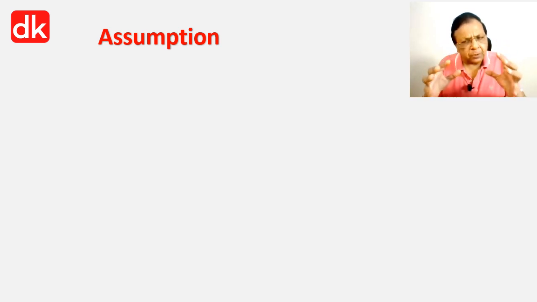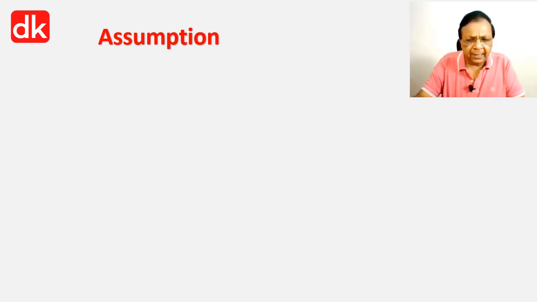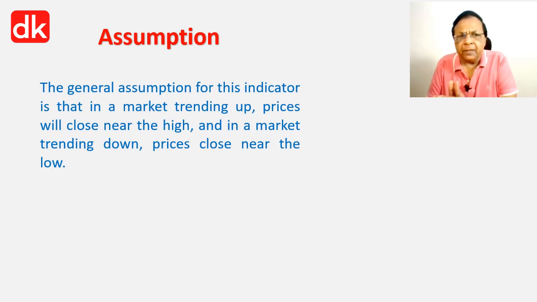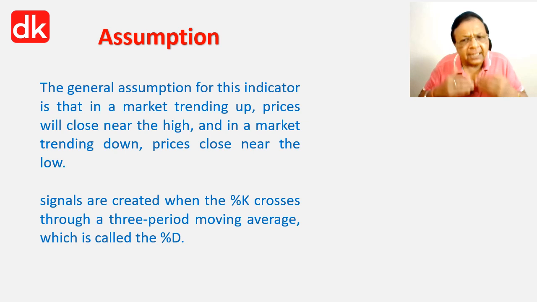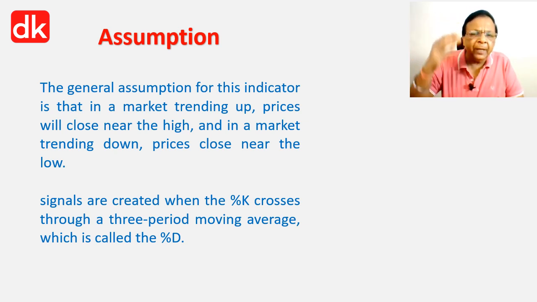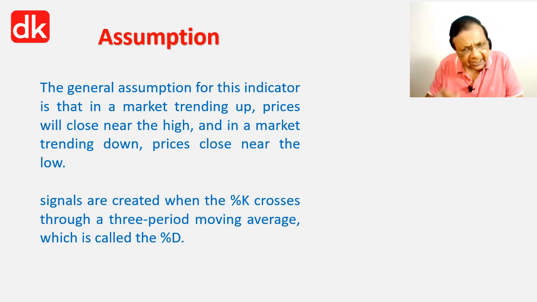This was the broader observation made by George Lane, and therefore the general assumption for this indicator is that in a trending market the price closes near the high while it closes near the low in a downtrending market, and as a result of this, signals are generated when percentage K crosses through the 3 period moving average of percentage K, that is percentage D in this particular indicator.